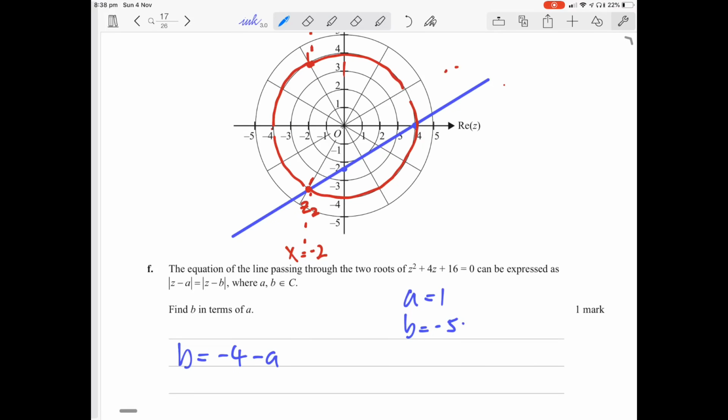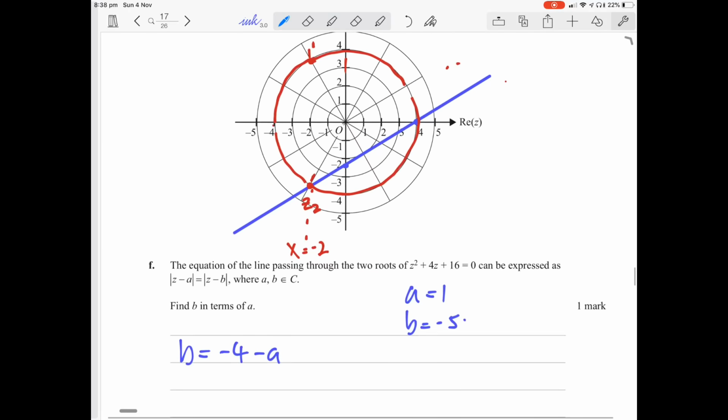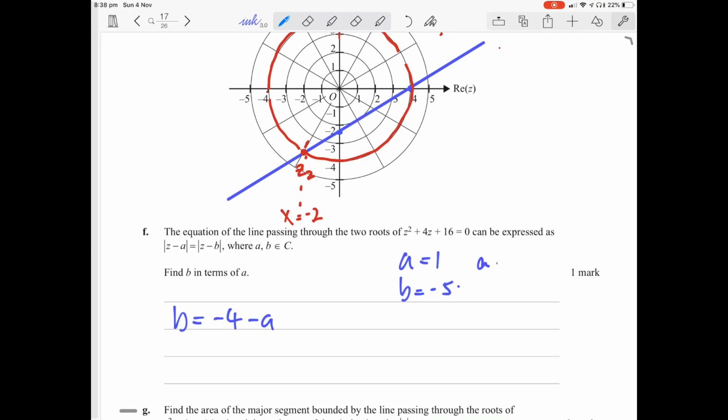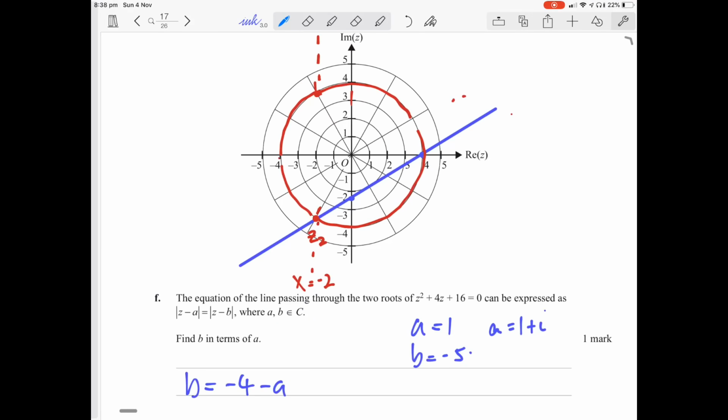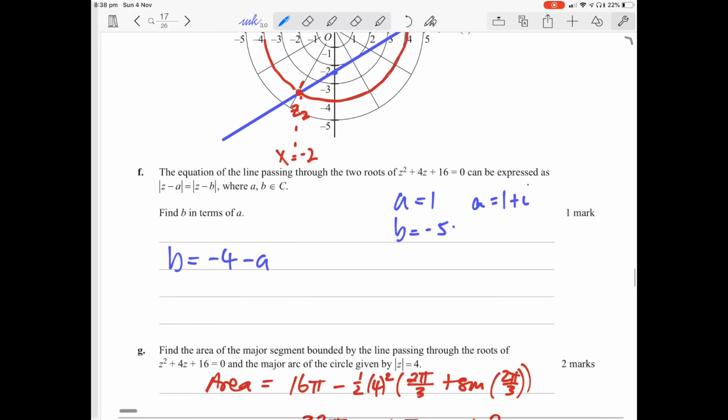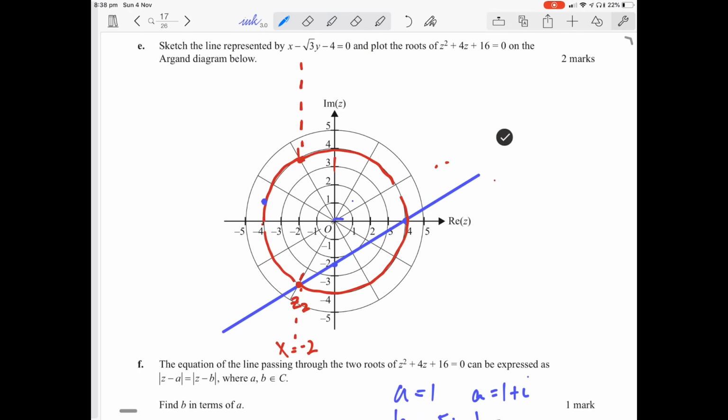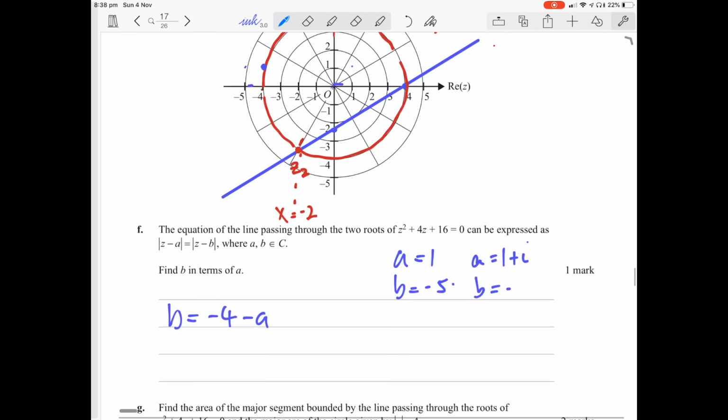Okay, what about if A was to equal 1 plus i? Then B would equal negative 1 plus i, so it's going to be negative 5 plus i.